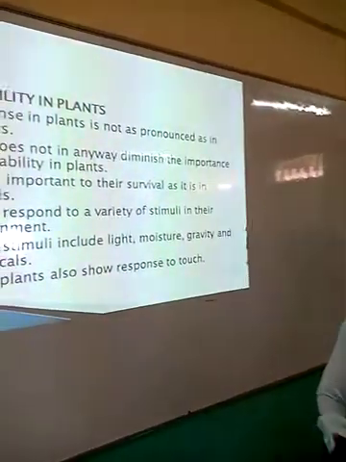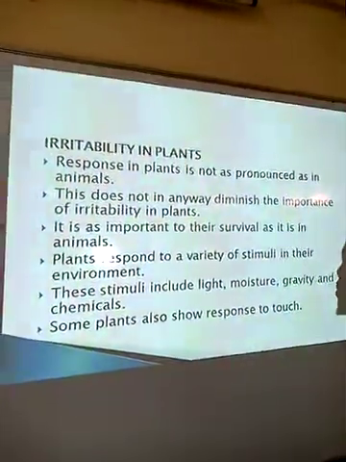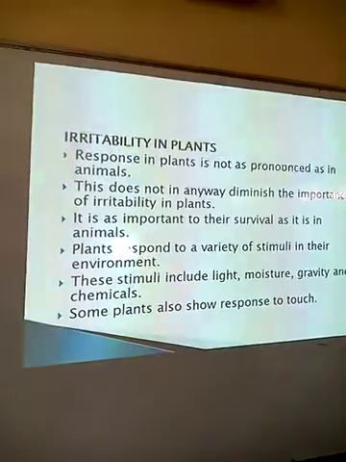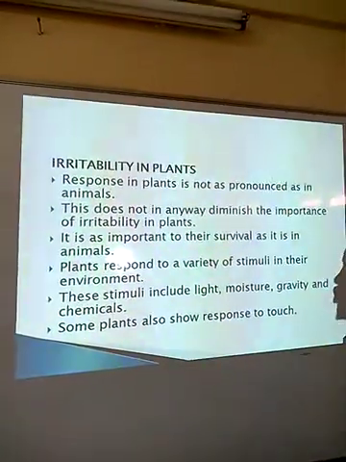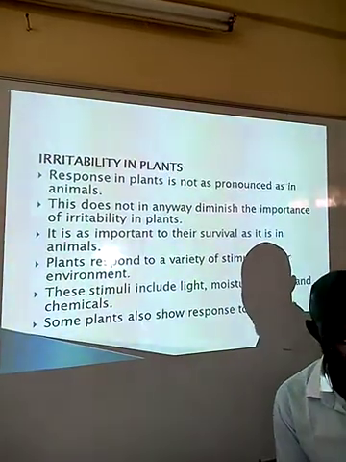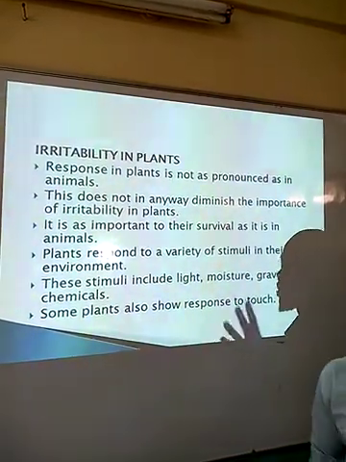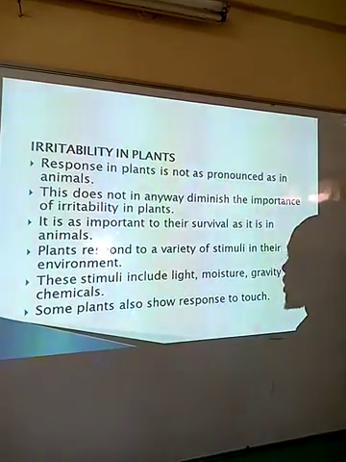In our previous lesson, we were looking at response, reception, and coordination in plants and animals. We are going to continue, having looked at some of the terms that are used in organisms. We have talked about irritability, response, and the stimulus.